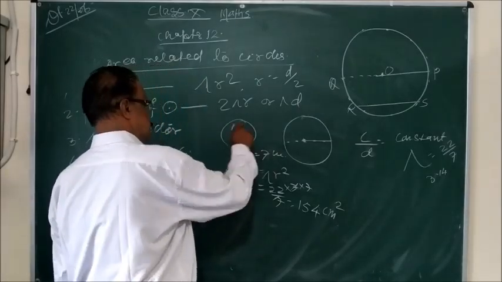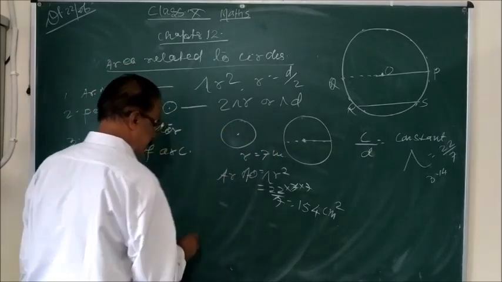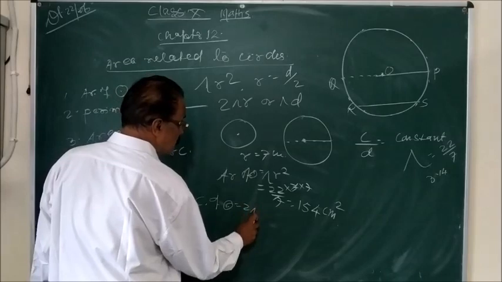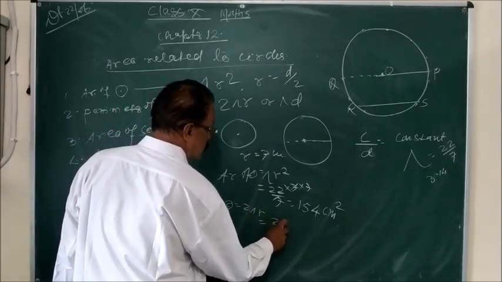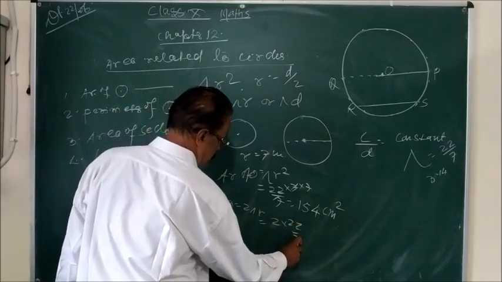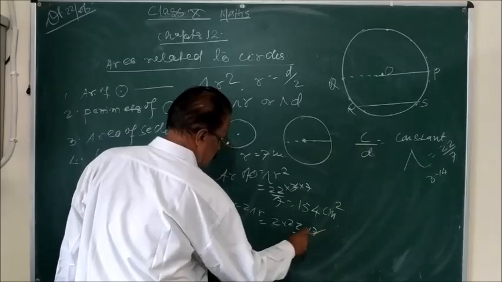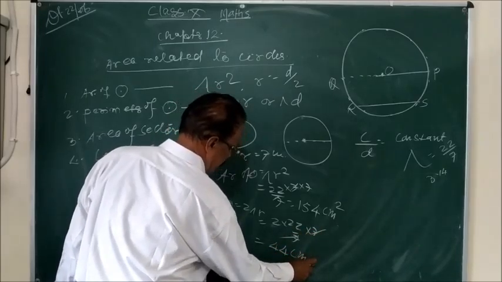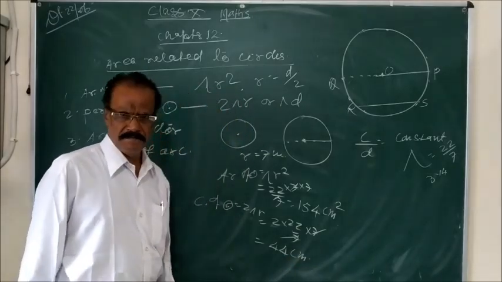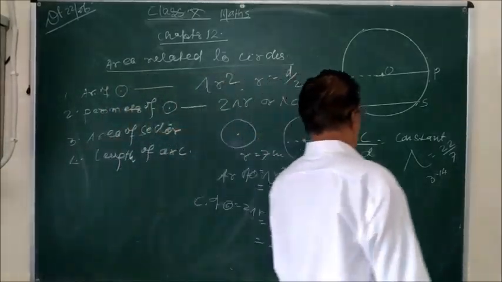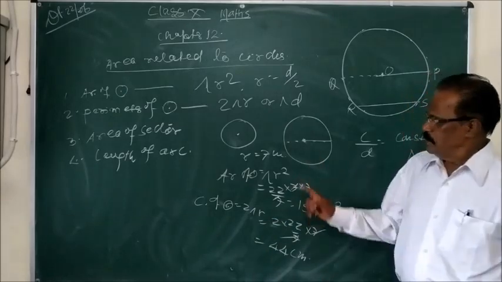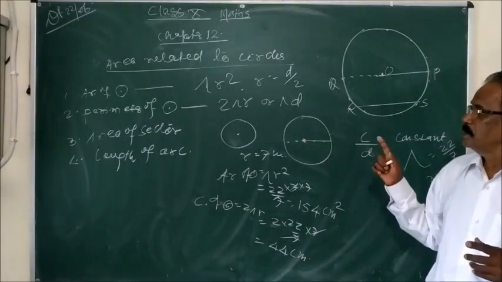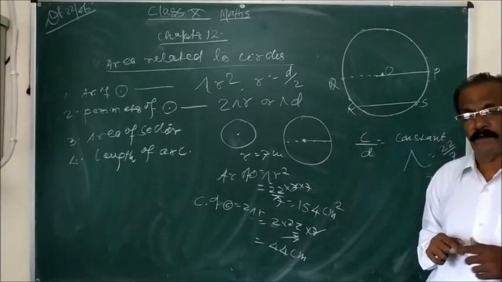Suppose for the same circle, if you have to find the circumference, so circumference of circle is 2 pi r, and 2 pi r means 2, 22/7, and 2, 7, 7 cancel, you will get 44, and this is the perimeter of circumference of the circle. Understand? So these two formula are necessary to solve the question of 12.1.